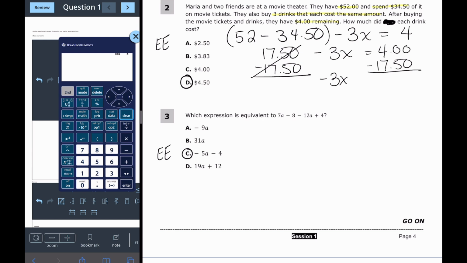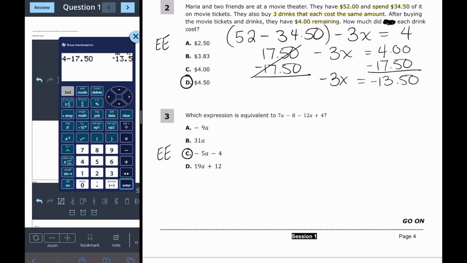What will that be? If you need to use your calculators for this, then do that. 4 minus $17.50, and you'll get negative $13.50. Now this will make sense in a moment, because we still have over here a negative 3x.